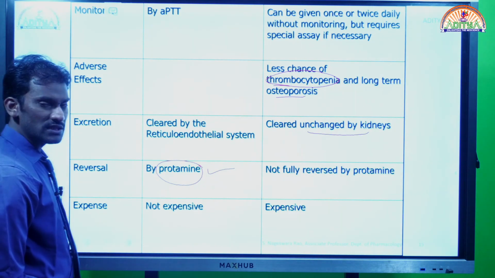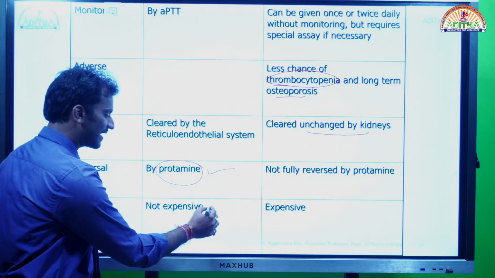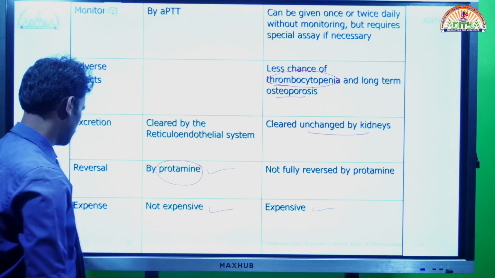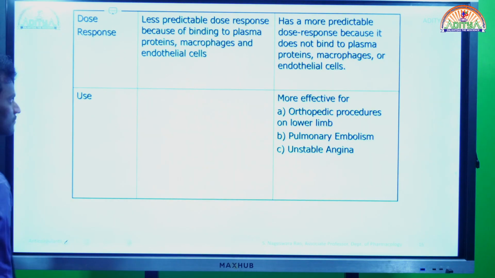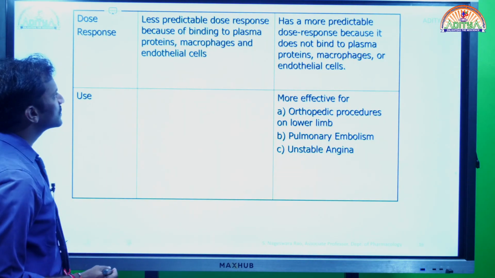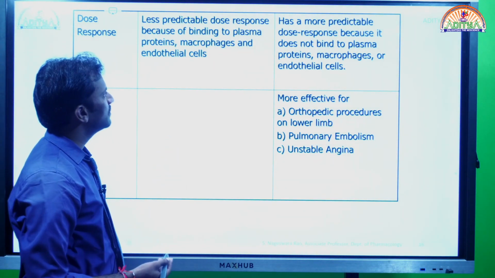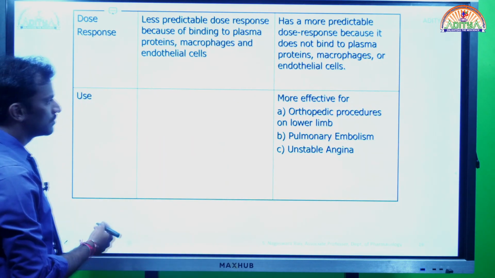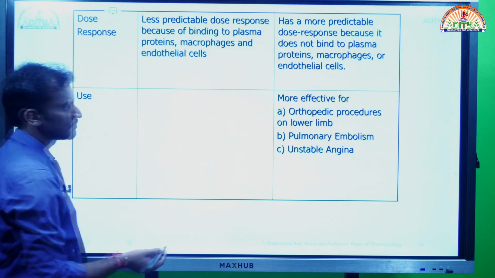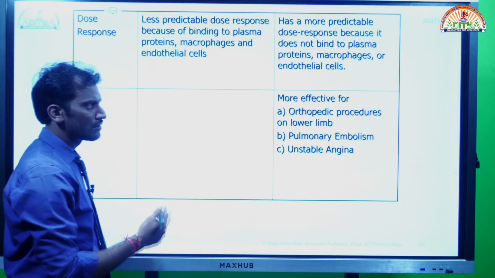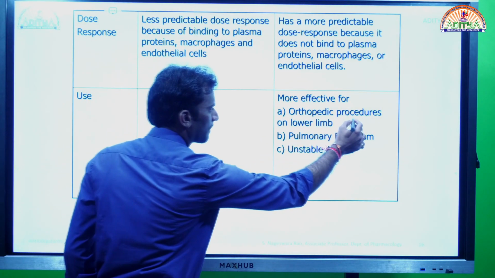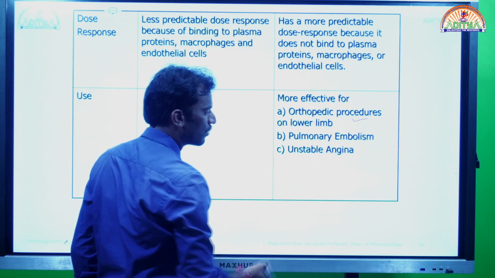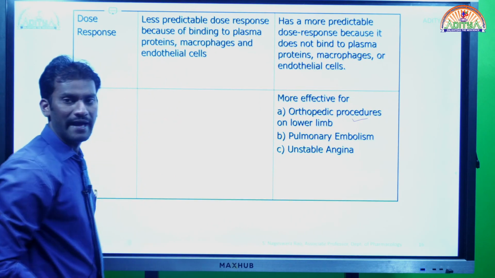Coming to the cost, high molecular weight heparins are not expensive, but low molecular weight heparins are very expensive. Dose response: it is less predictable here, and more predictable here. Uses: more effective in orthopedic surgeries, pulmonary embolism, unstable angina.